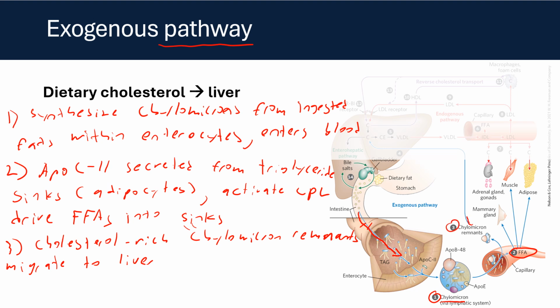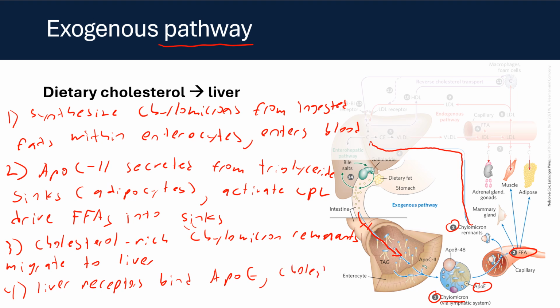So this spent portion is going to go all the way to the liver, where lastly, receptors on hepatocytes will bind ApoE, which is located on the exterior of the chylomicron, and it will prompt cholesterol uptake.